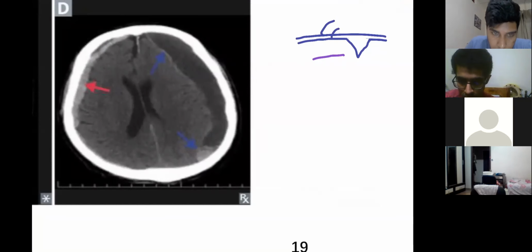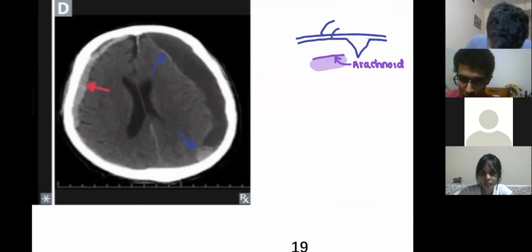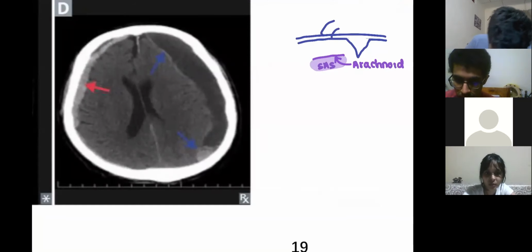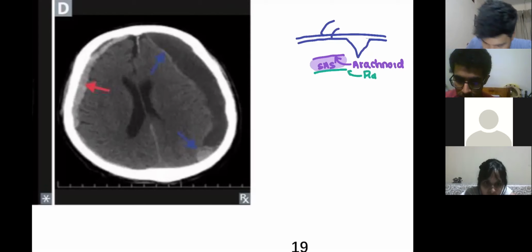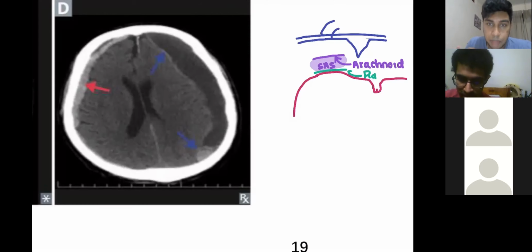And below that, you have the arachnoid layer. Below that, we have the subarachnoid space. And below that, we have the pia mater. Touching the pia mater is the brain. This is the brain parenchyma.